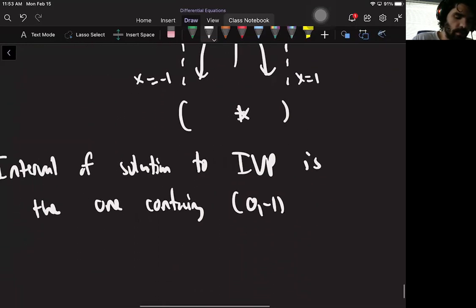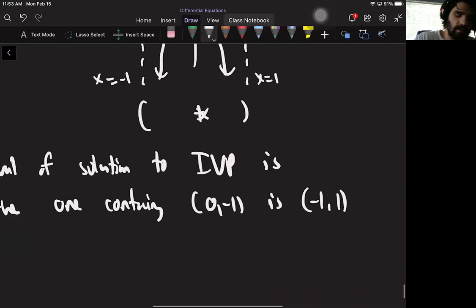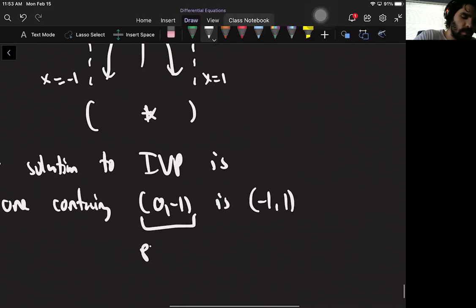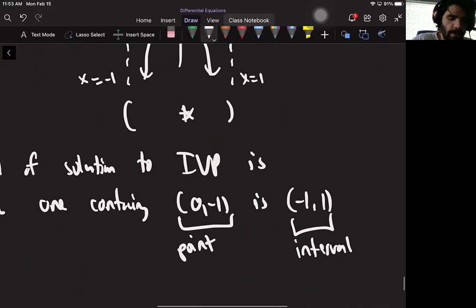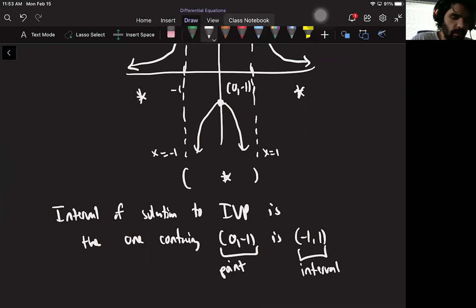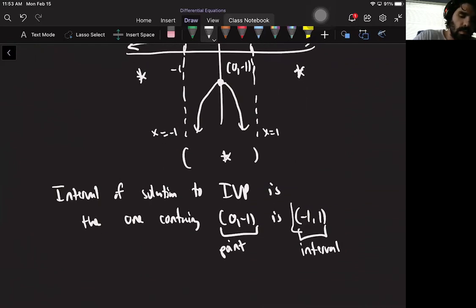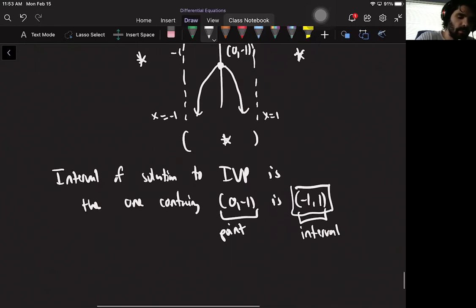So it's just from -1 to 1. So see here, this is 0, 1 is a point, and then this is the interval. So the notation is a little bit annoying. But yeah. Okay. So the interval of solution to this initial value problem is -1, 1. Not, for example, -infinity to -1.